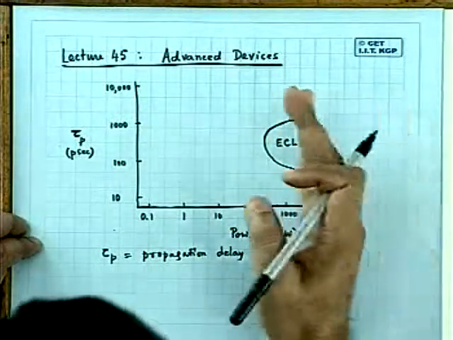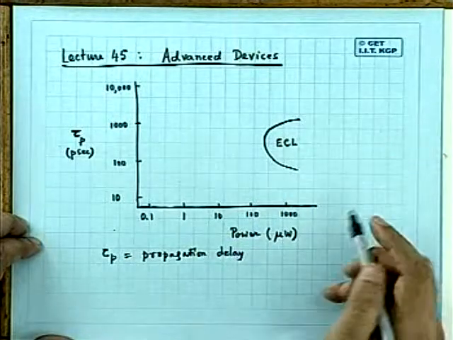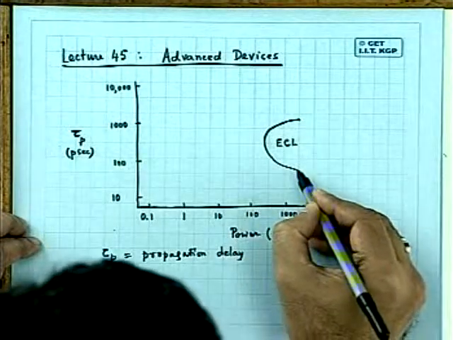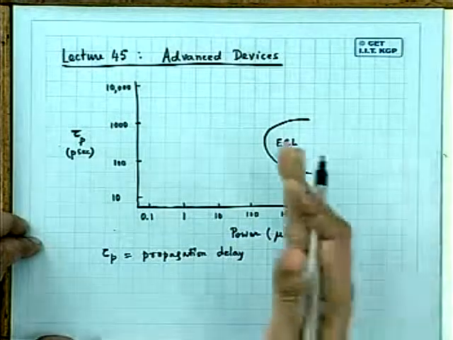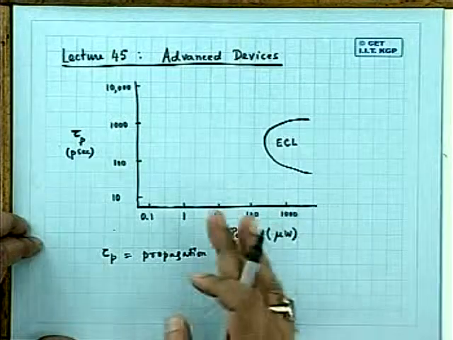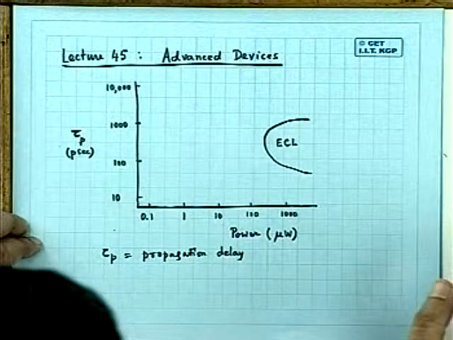And power dissipation is quite on the higher side. This is for very advanced kinds of ECL. Otherwise, ECL power dissipation lies over this region, in the milliwatts, in the range of several tens of milliwatts to 1 milliwatt. This is the very latest ECL technology.